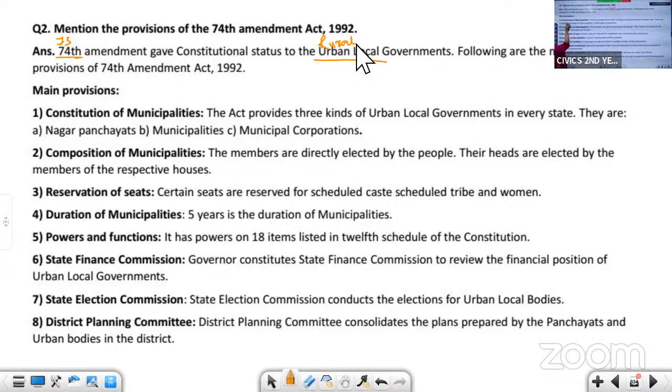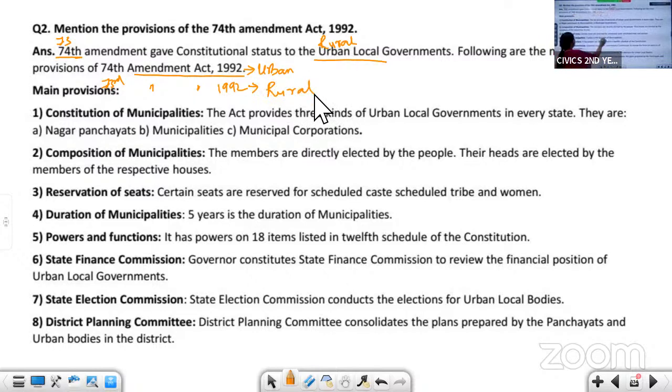So the 74th Amendment Act 1992 is for urban local bodies, and the 73rd Amendment Act 1992 was for rural local bodies.